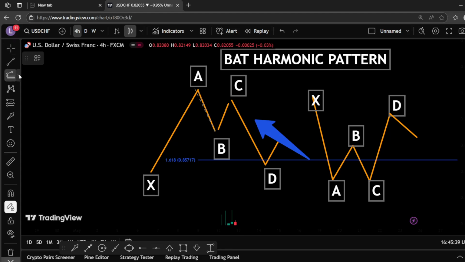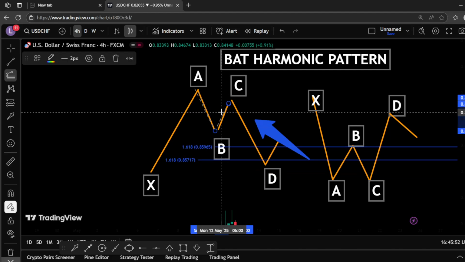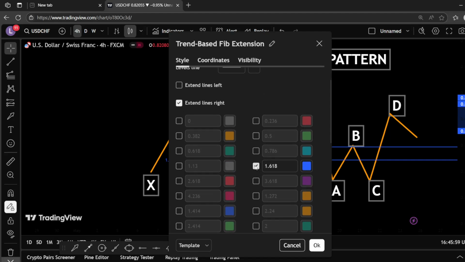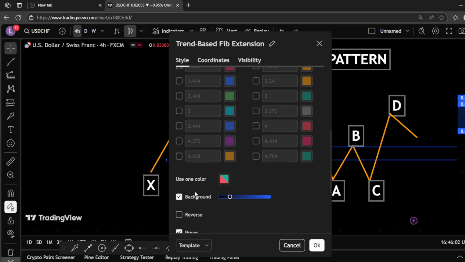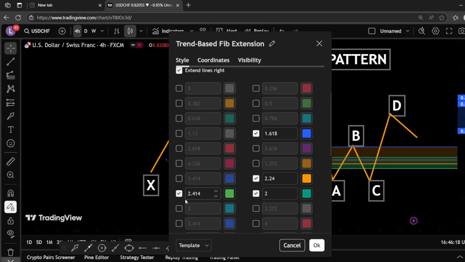Again, you take the fib extension and measure from your C, which is where the C terminated, back to your B, and back to your C. You need 1.618, 2, 2.24, 2.414, and 2.618.